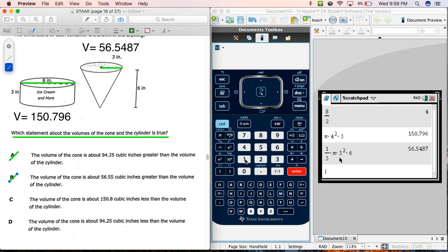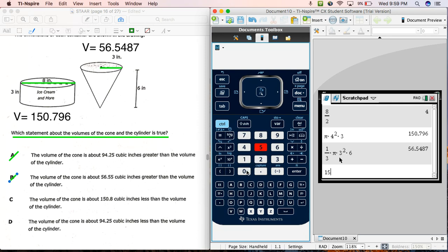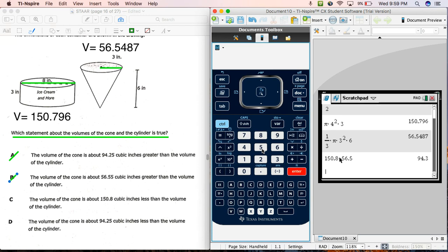On your calculator, if you subtract 150, and I'm gonna round it to 150.8 minus 56.5, which is the volume of the cone, push enter, I'm left with a 94.3. That's how much more the volume of the cylinder is than the cone. There's no way that letter C is correct.